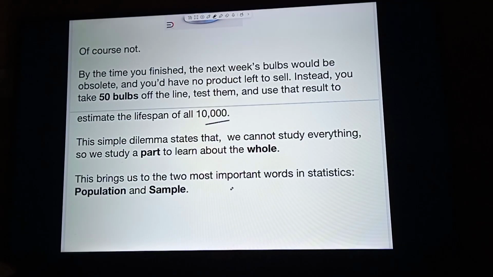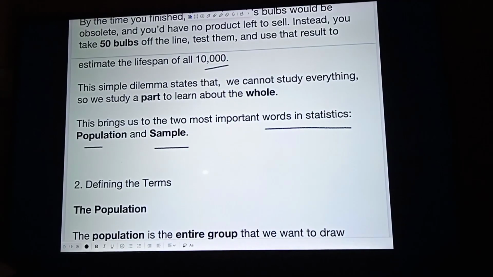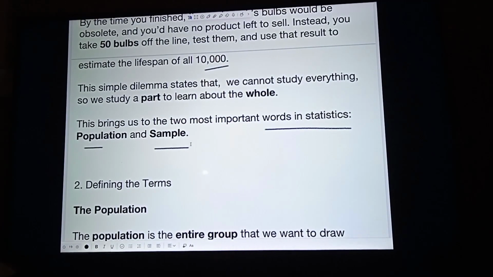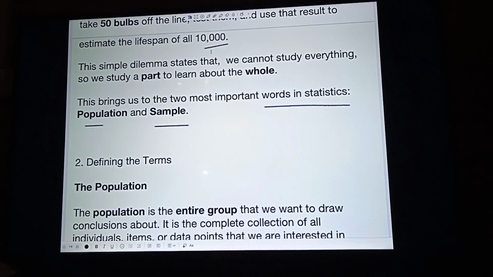So this brings us to the two most important words in statistics, that is population and sample. Hence, in statistics, we cannot study everything. So we study part of it. So let's define population and sample.